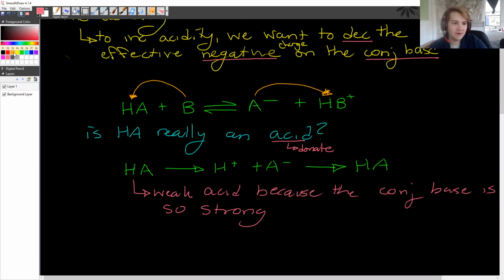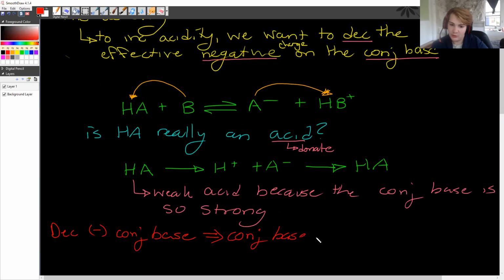So to summarize, we're going to decrease the negative charge on the conjugate base, which makes the conjugate base weaker. And another way of saying weaker is just saying more stable, which in turn makes the acid stronger.